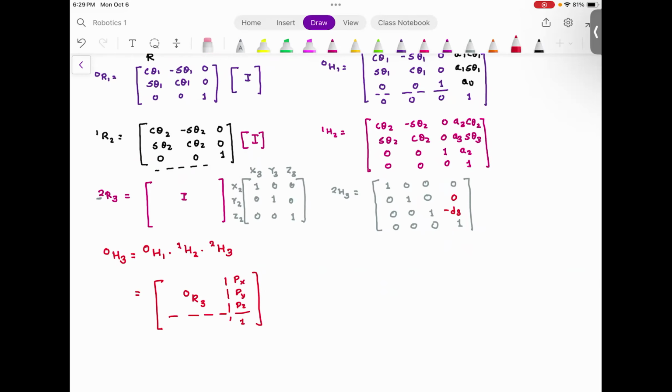0r3 is the absolute rotation of the end effector with respect to the 0th frame. Now, how do you debug this?